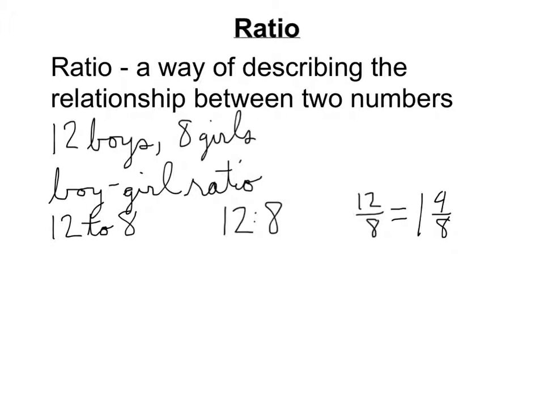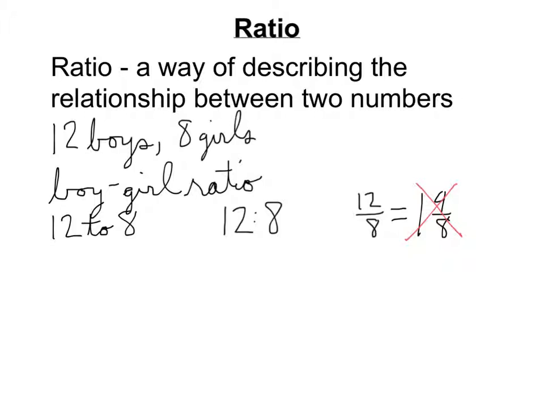Well, but now I've got 1, 2, 3 numbers. So we will never change ratios into mixed numbers. This is one time where it is okay to actually leave your fraction as an improper fraction.